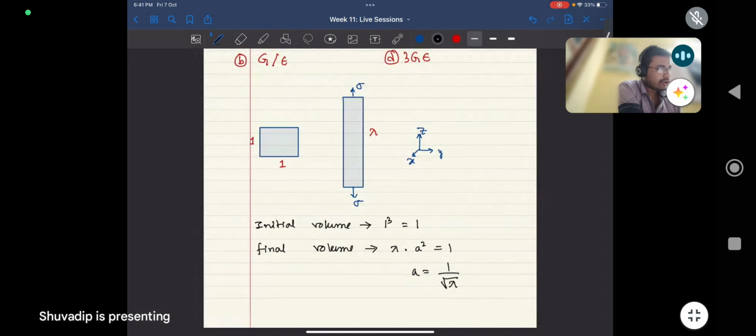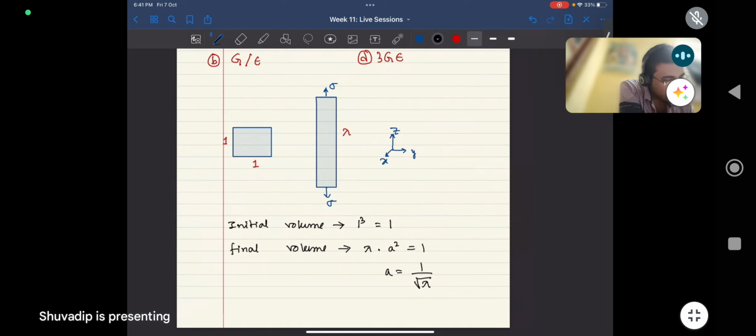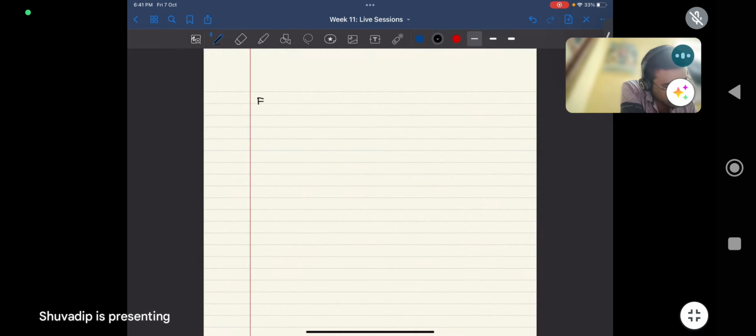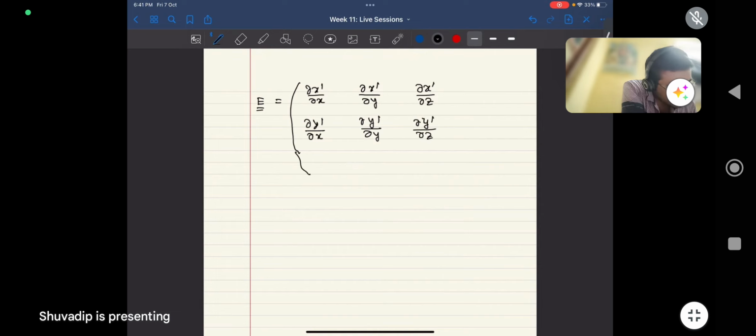Now we want to calculate the deformation gradient tensor. As you know, the deformation gradient tensor is defined with the terms del x prime del x, del x prime del y, del x prime del z, del y prime del x, del y prime del y, del y prime del z, and the last row del z prime del x, del z prime del y, del z prime del z.